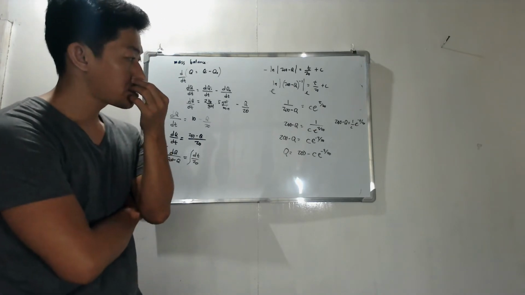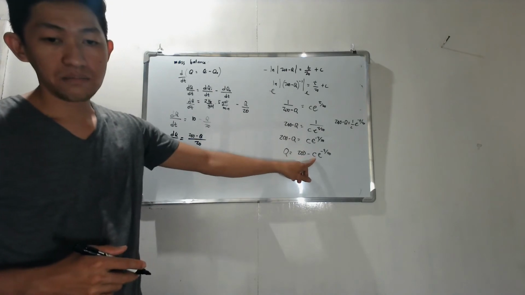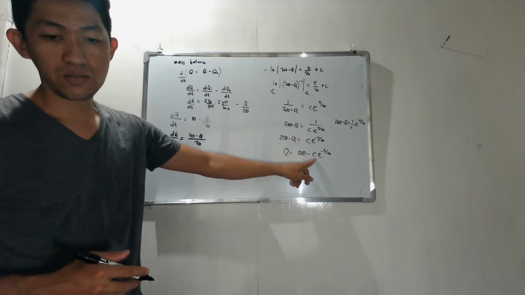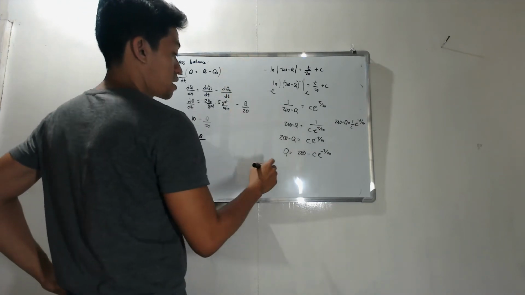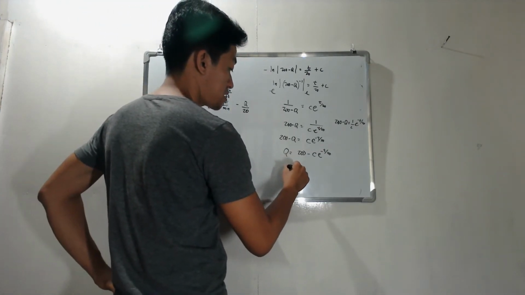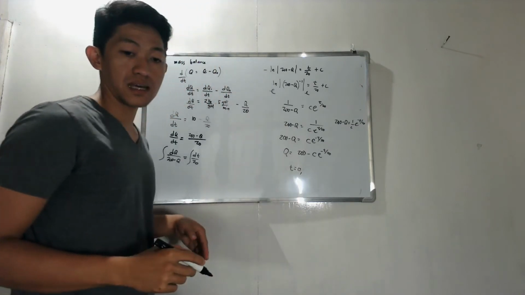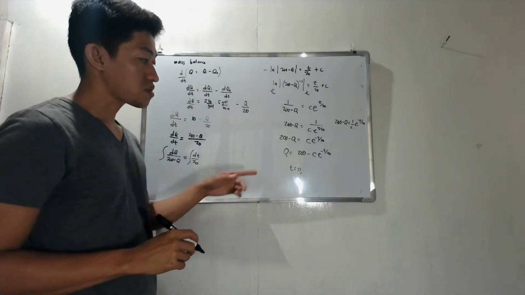And then, using the boundary condition, we will try to find the value of c. What is our boundary condition? At time equal to 0, initially, how much is the amount of salt in the tank?